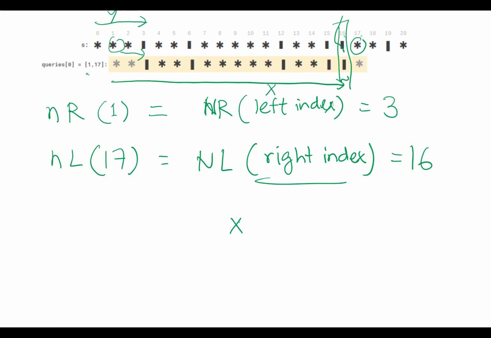Then I have to find the plates between 3 and 16. So there are y plates between 0 and 3, and x plates between 0 and 16. So we could just do x minus y and find the number of plates, right? We have to do just one round of pre-processing, and from there on, it's easy to solve.